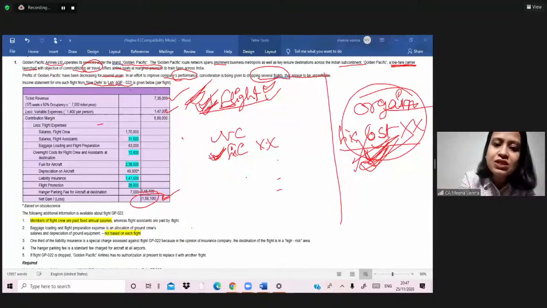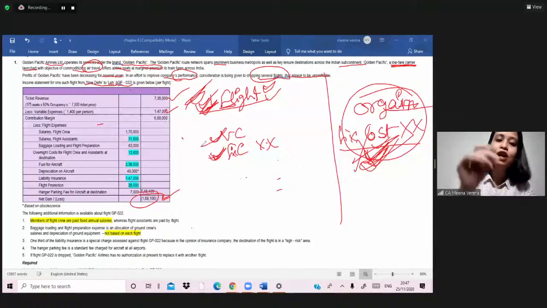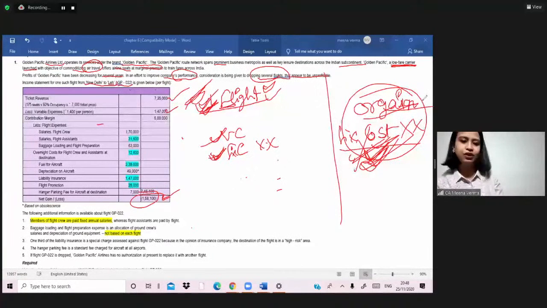If you drop this flight, you will also save that particular variable cost. I hope you understand. So you will not consider the fixed cost of the entire organization.